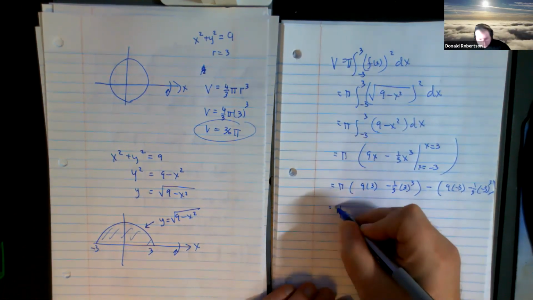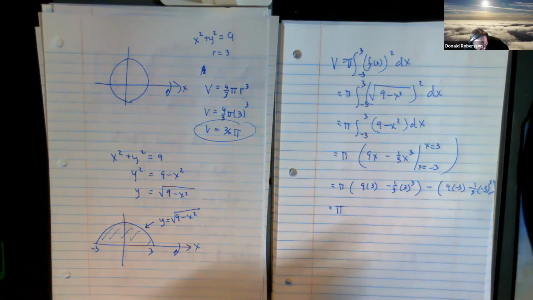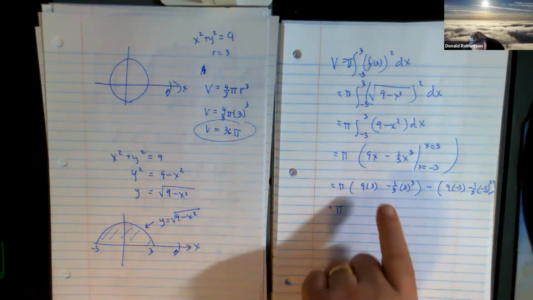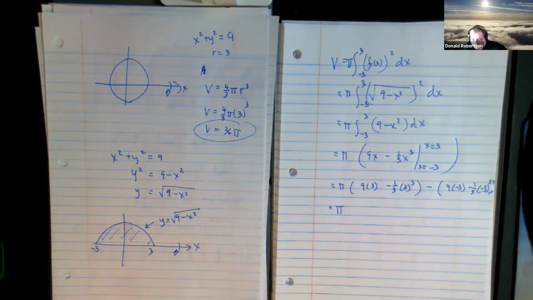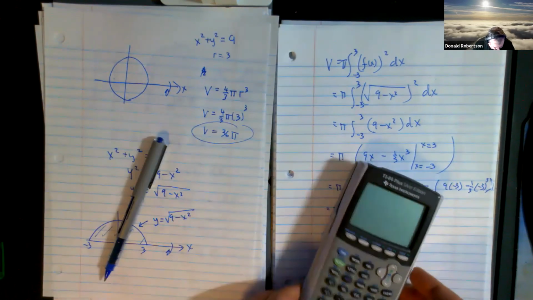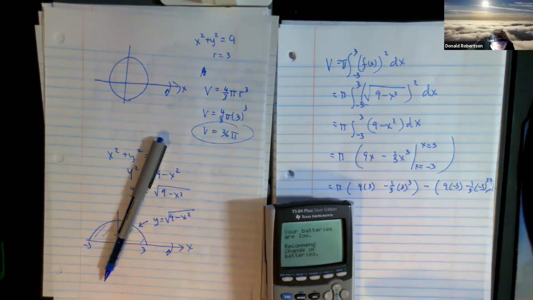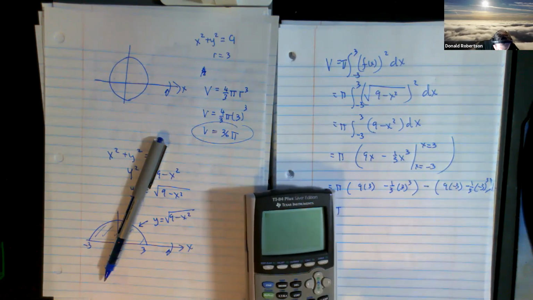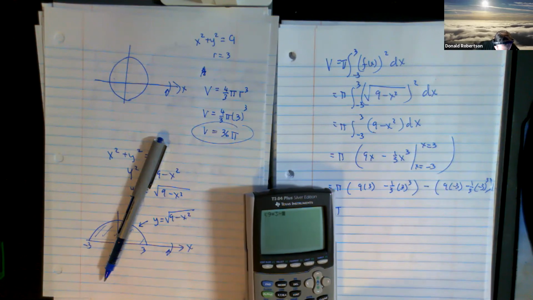And I could actually, I'm not wanting to because it's too much jumping around, but can you imagine I did this calculation on this fella? Oh, actually, I can do it on this fella, and we'll see what we get. Brackets, 9 times 3, take away, put in brackets, 1/3 times 3 cubed, close the brackets.